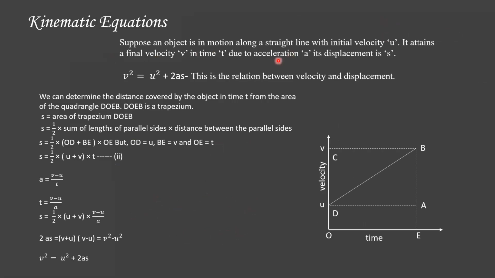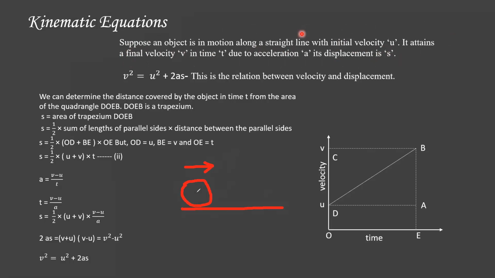First and foremost, assumptions. In physics, we start with something known as assumptions. Suppose an object is in motion along a straight line with initial velocity u. Basically, I have a straight line like this and an object, let's say a ball, going in the right direction.